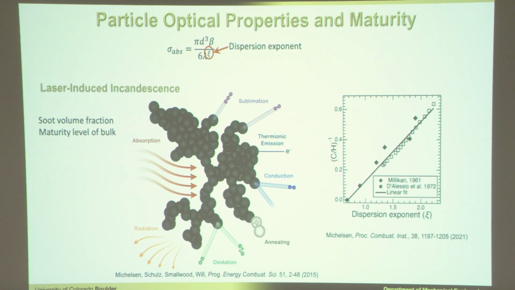So you take a high-powered laser, you send it into your flame, it absorbs the light. We use 1064 nanometers, which isn't absorbed easily by the other species running around the flame. So the particle absorbs the light, heats up, and then we look at the emission, okay? And then we change the laser wavelength that allows us to get a wavelength dependence, and then that gives us the dispersion exponent.